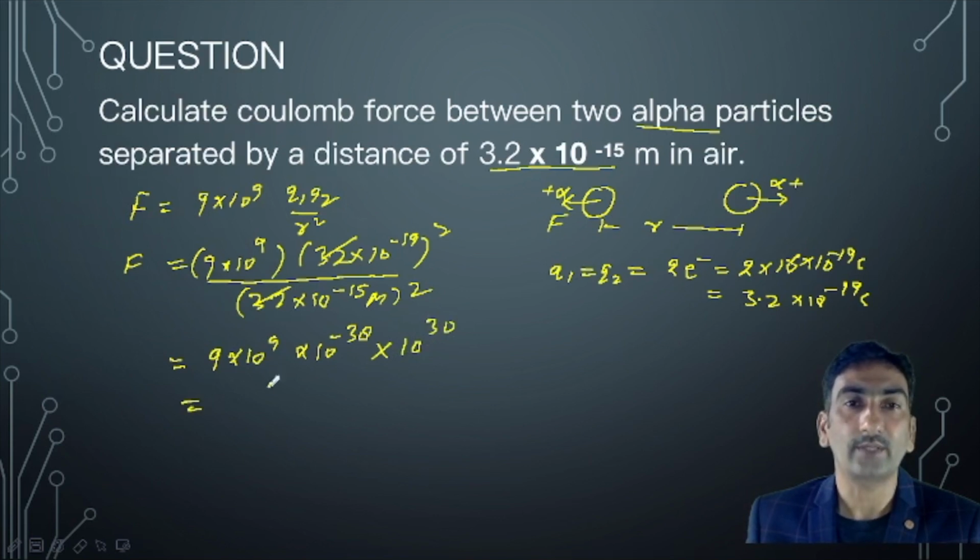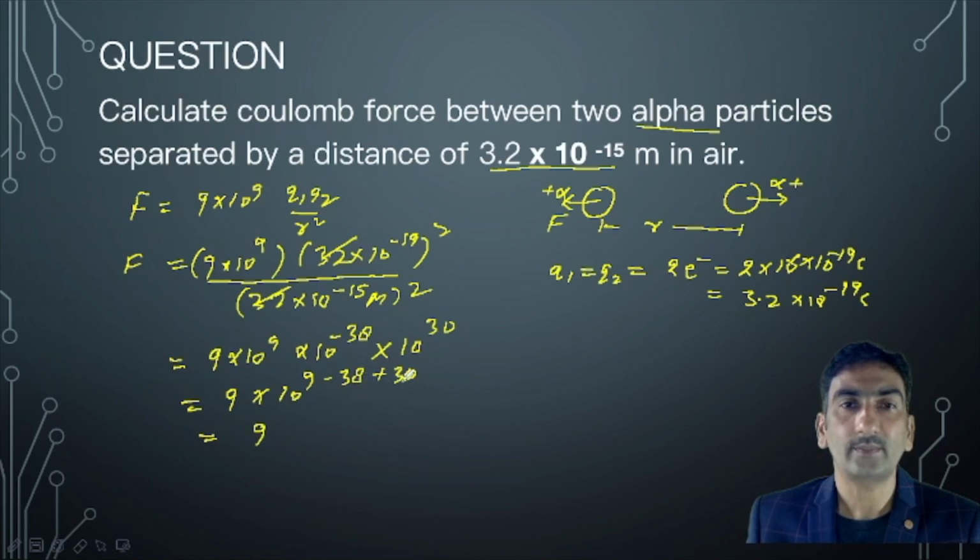Alright, so now we can calculate it. We can add all these powers: 9 into 10 raised to power 9 minus 38 plus 30.